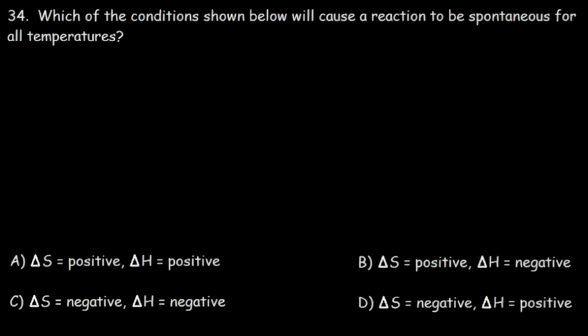34. Which of the conditions shown below will cause a reaction to be spontaneous for all temperatures? Is it A, B, C, or D? So let's make a table. We're going to have enthalpy, entropy, Gibbs free energy, and temperature.